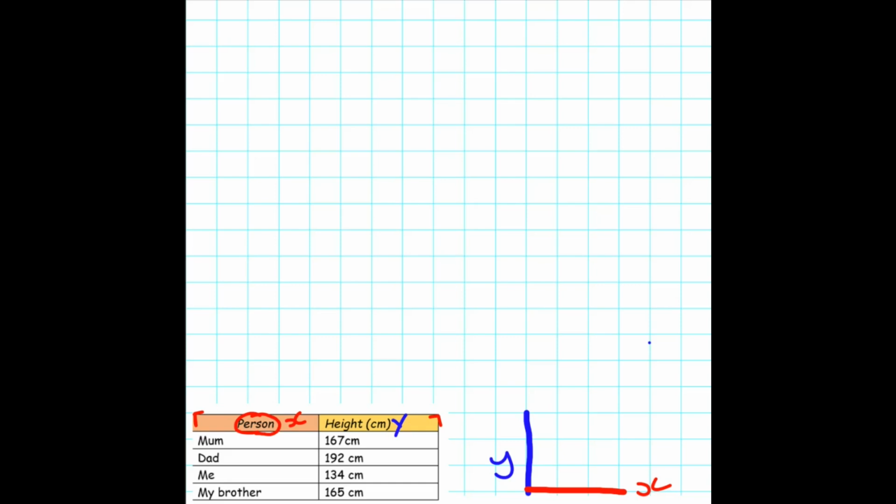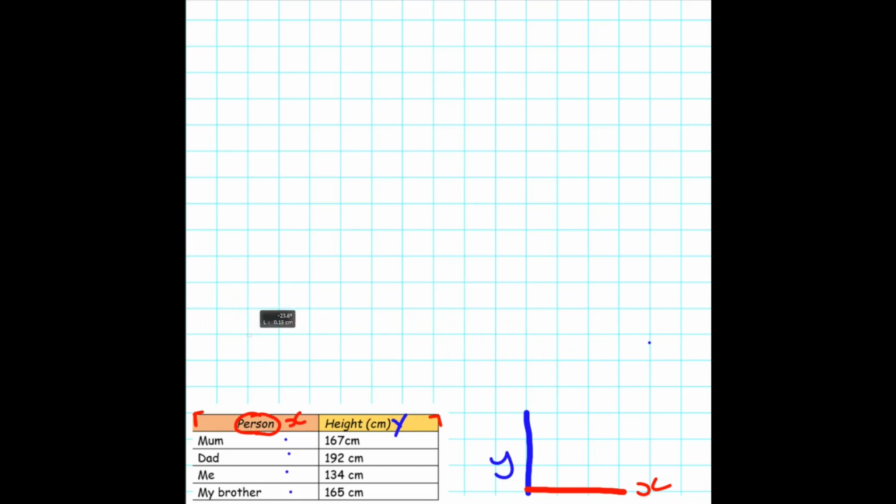My thinking here is I have got 1, 2, 3, 4 categories for my x-axis, so I only need enough for 4 things along my line. I'm going to start in the corner here, so that I'm not starting in the middle of the page, so I haven't got enough space, and I'm not right up on the edge of the paper, so I can put in my labels later.